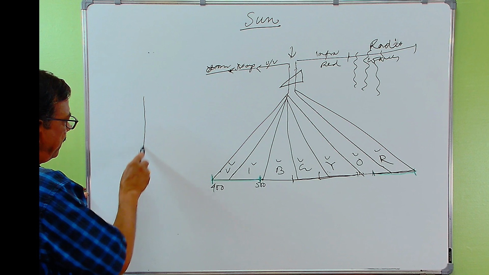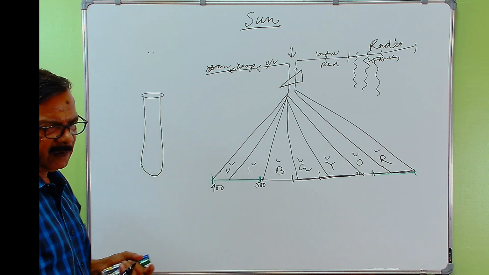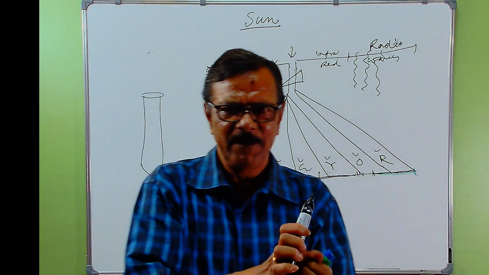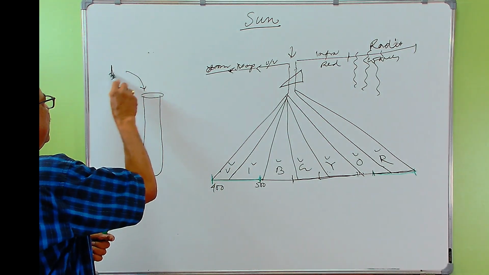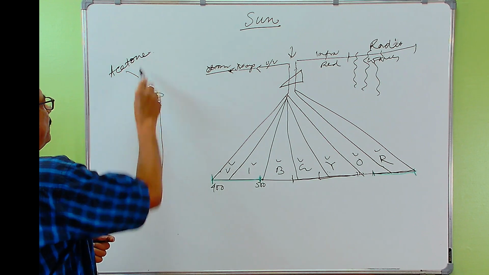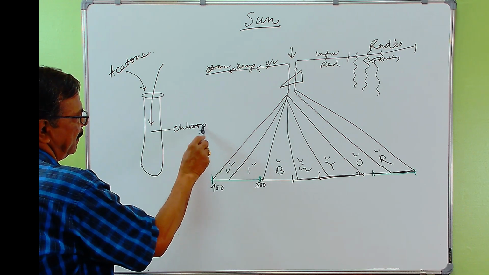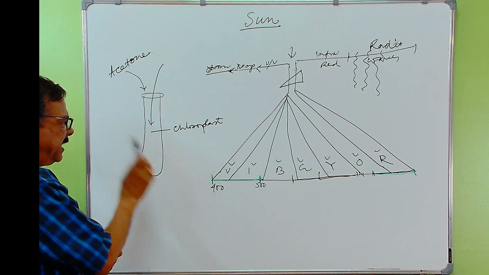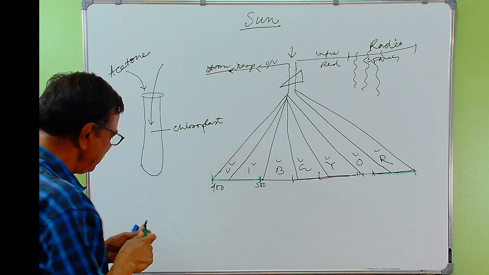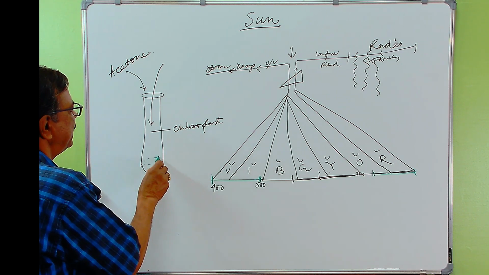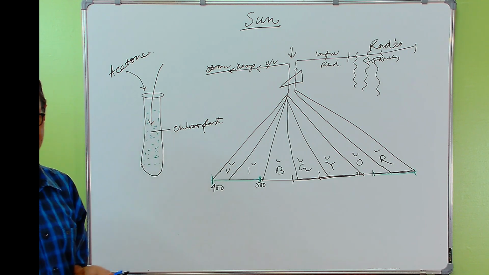If you take a test tube, grind some chloroplast and put some acetone on it, then filter it, you will find some liquid here.